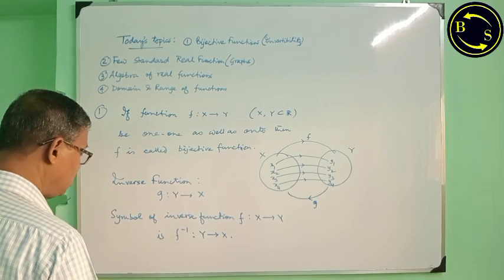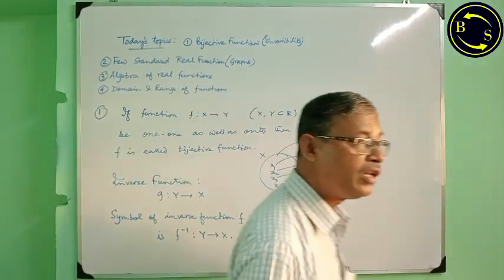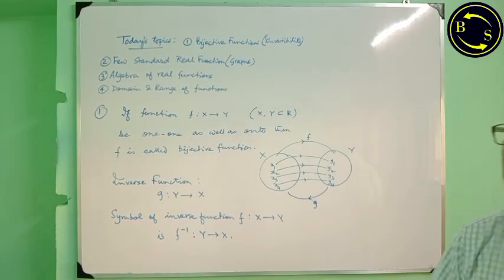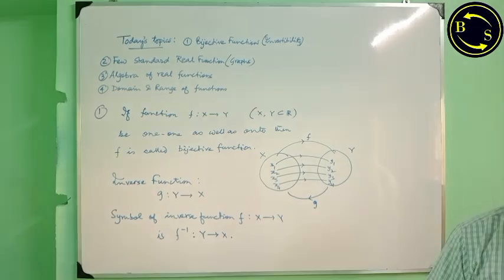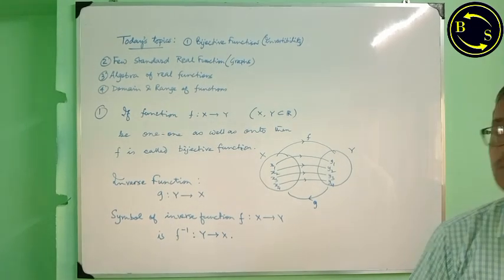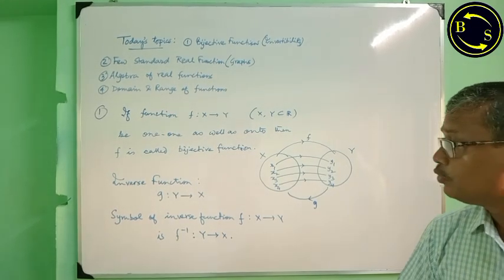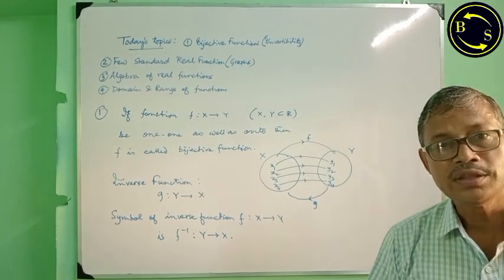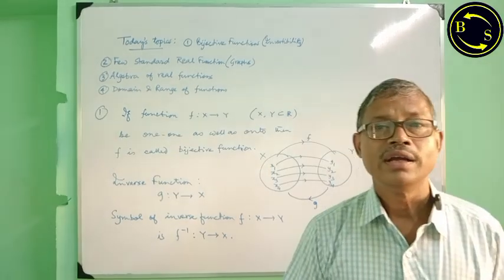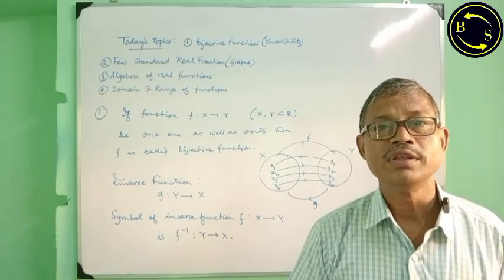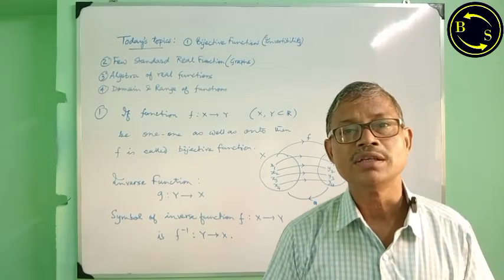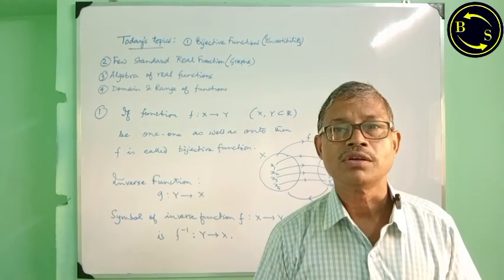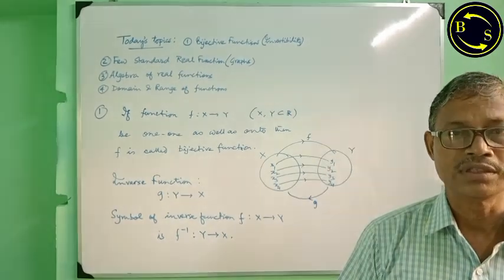Now, if it is asked to show the given function is bijective, then we have to move step by step. First of all, f is to be shown as a one-one function. Then it is to be shown that f is an onto function, then we conclude that f is a bijective function.